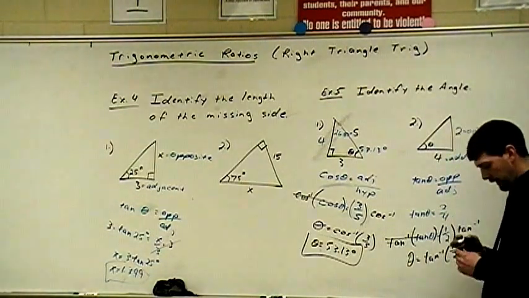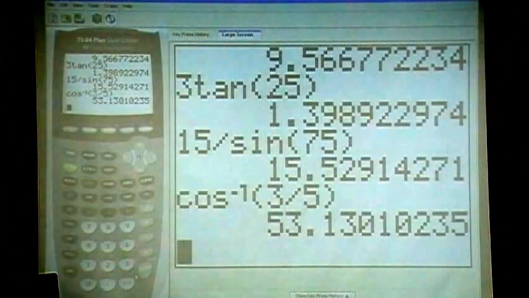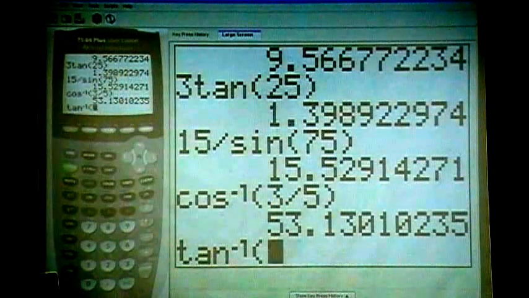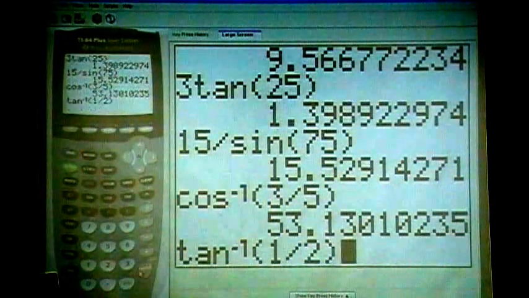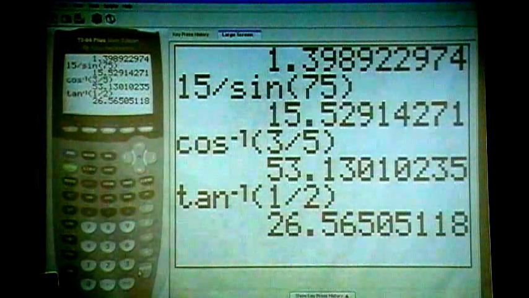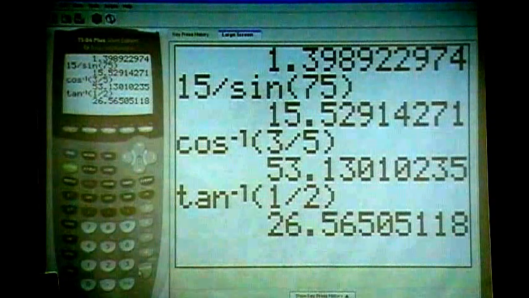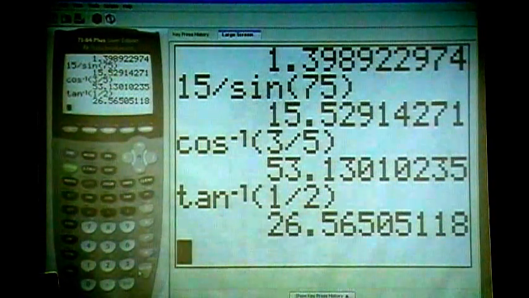And we're going to go to the calculator to do that calculation. So we want inverse tangent of 1/2, second tangent of 1/2, or if you want to leave it as 2/4, that's okay. We get 26.565 degrees.